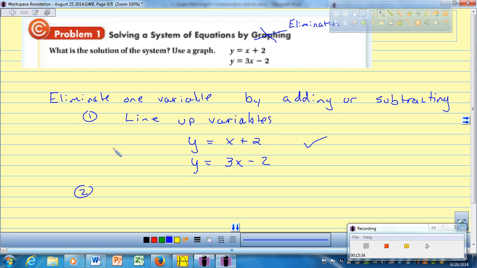So we need to multiply by something so that they will cancel each other out. Multiply the equation by a number so they will cancel out. All right, so what can I multiply the second equation by so that when I add them together, the y's go away?